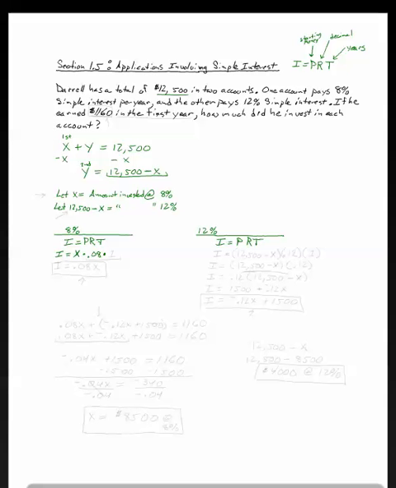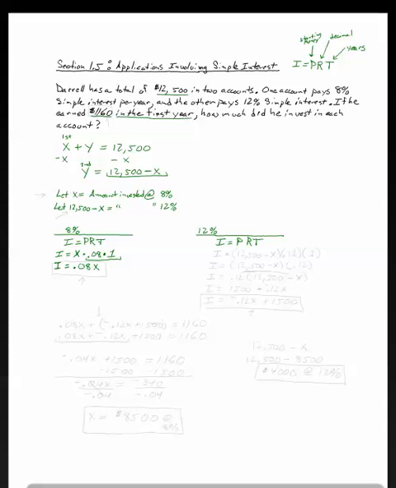Well, it says he earned $1,160 in the first year. So that's just 1 year. So we've got our formula filled out, and now we just want to clean it up a little bit. So if we do this portion here, 0.08 times 1 is 0.08. So we get 0.08 times X. So there's the first interest at 8%.